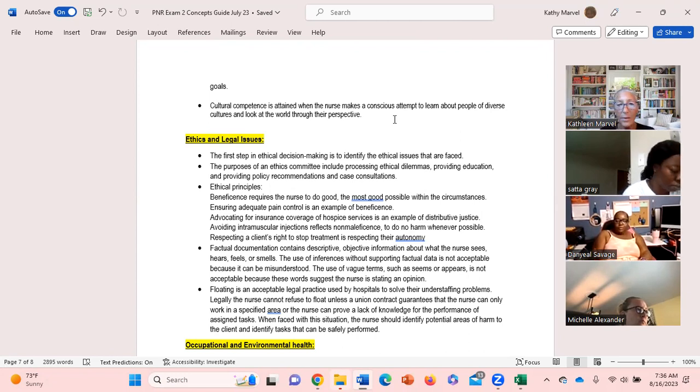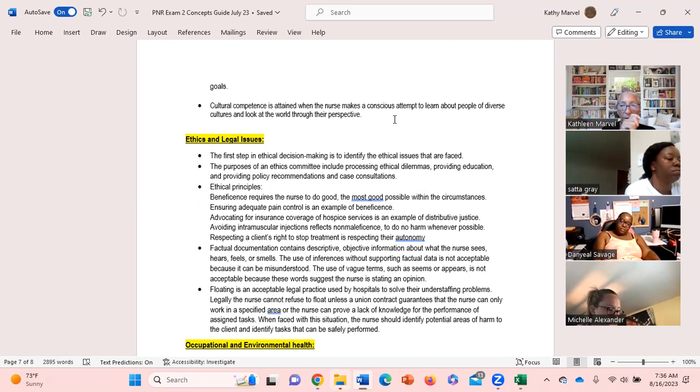What does the ethics committee do? They process ethical dilemmas and make policy recommendations. They're not part of the direct care orders. That's not what they do. A committee is to talk about different cases.